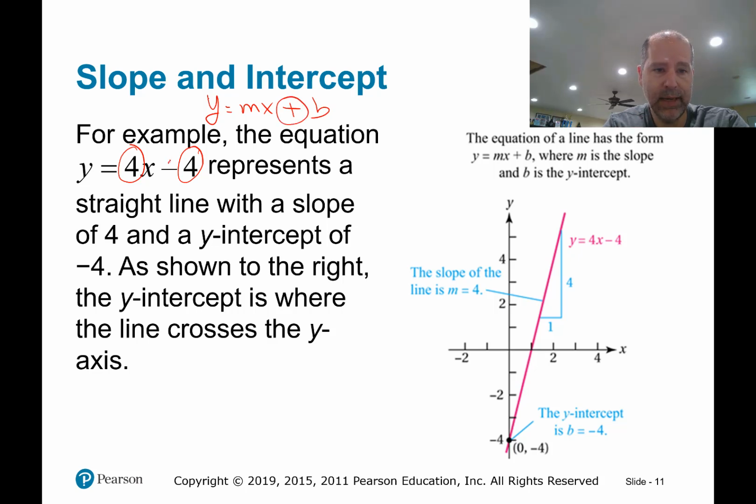So this would be a negative 4, which tells us that the y-intercept is negative 4, not positive 4, okay? And that tells us where the graph is going to cross the y-axis. That's the y-intercept, and so the y-intercept is negative 4. The point of the y-intercept is going to be (0, negative 4).